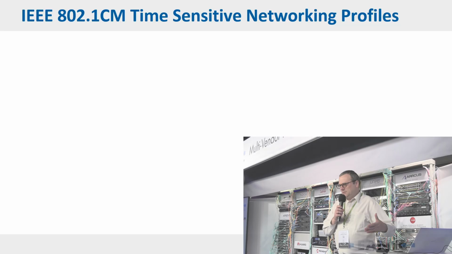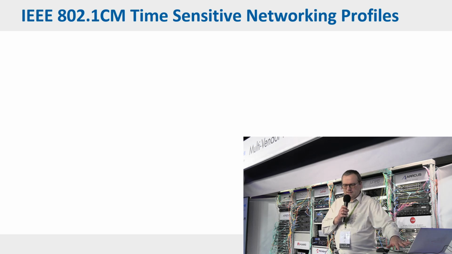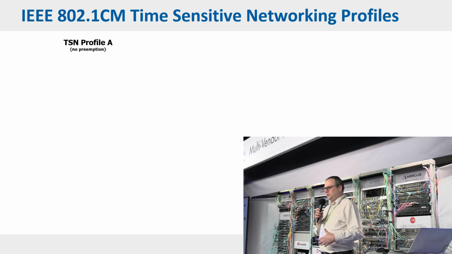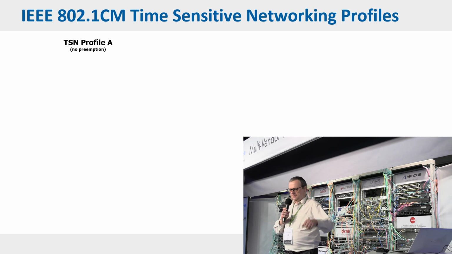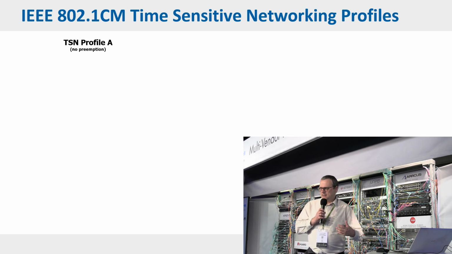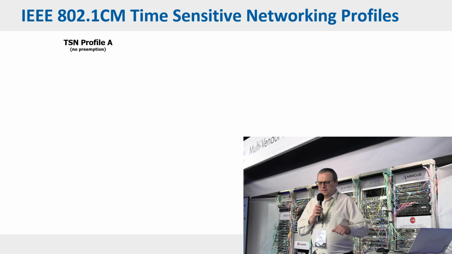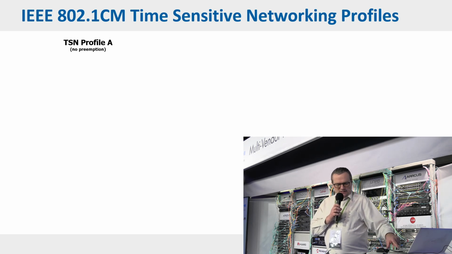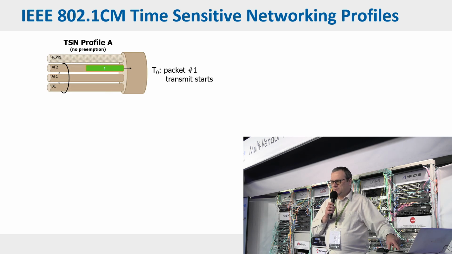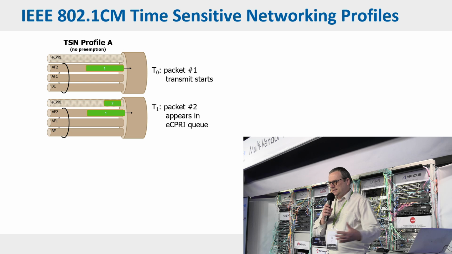So let's start with these time-sensitive networking profiles. IEEE defined two profiles for the front haul. Here's the specification, 802.1CM, and there are two profiles. One profile is profile A. This is profile A with no preemption. So we have some packets in queue number 2, which is not prioritized, and we start to transmit this packet.